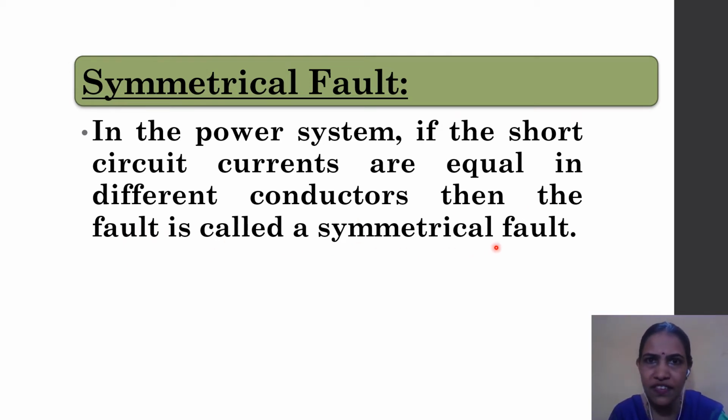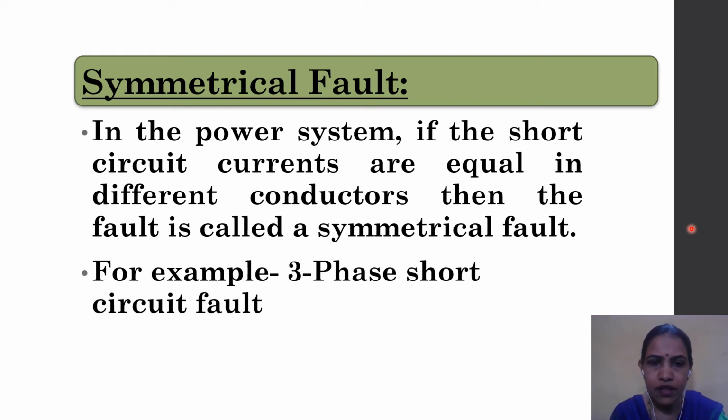Consider the example of a three-phase system. If the current flowing through R, Y and B, all three phases, is equal in amount, then it is called symmetrical fault current. It is a three-phase short circuit fault.